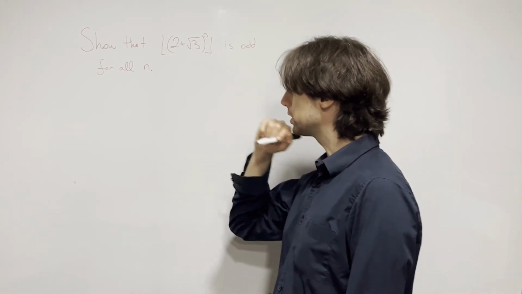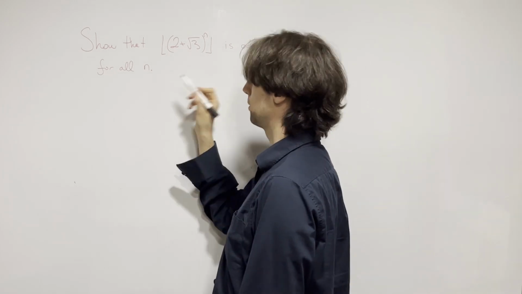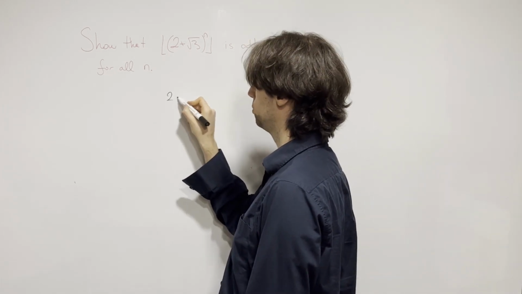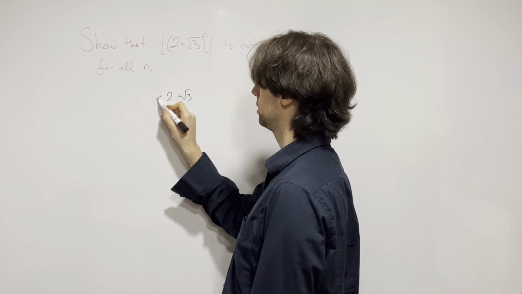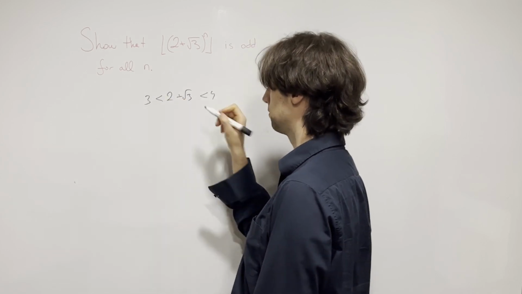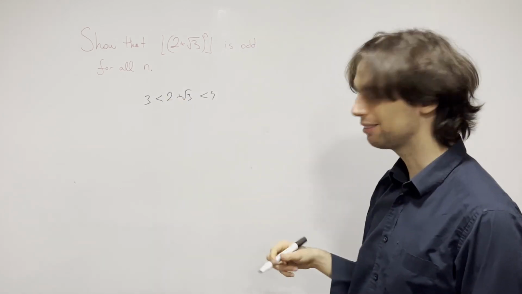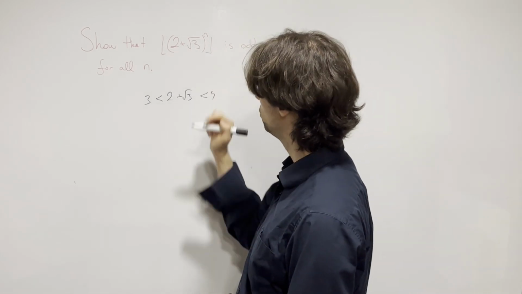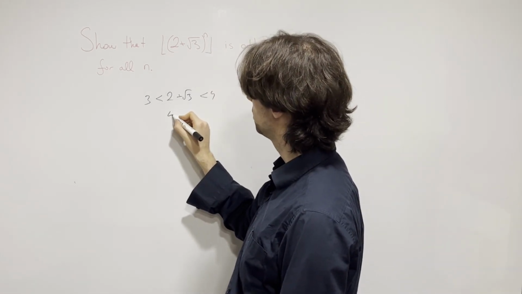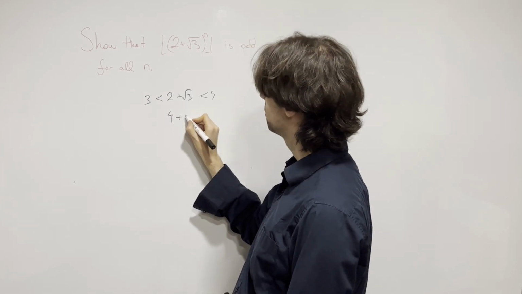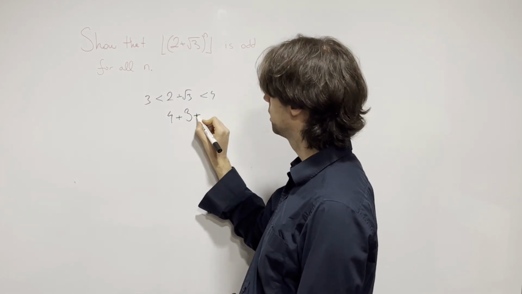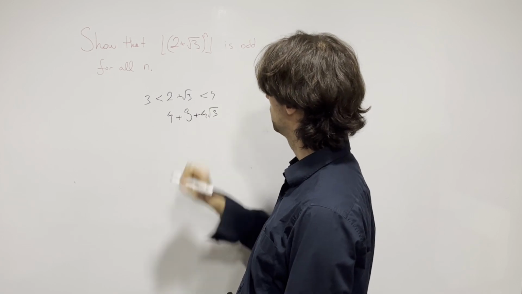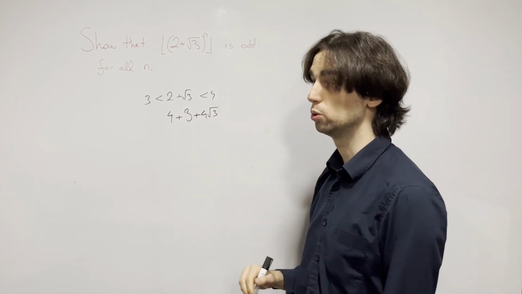So I was looking at, okay, for n equals 1, what do I have? I have 2 plus the square root of 3. I know this is greater than 3 and less than 4. And I'm trying to come up with a general rule on how I can do this. Now, if I square it, I'll have 4 plus 3 plus 4 times the root of 3.